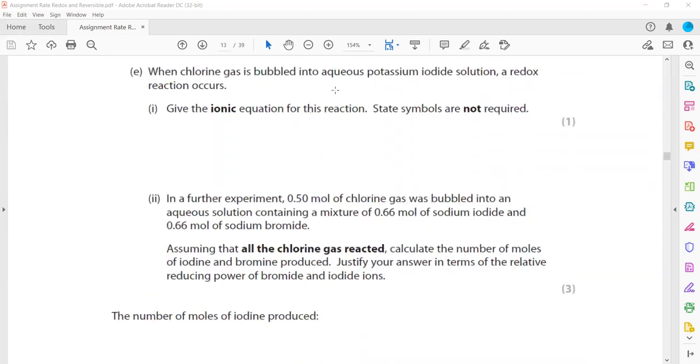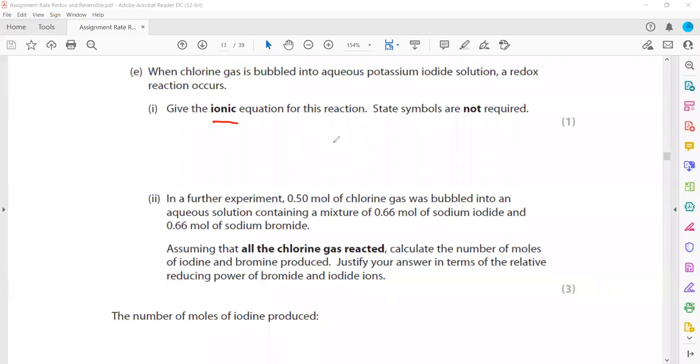The next question: when chlorine is bubbled into aqueous potassium iodide solution, a redox reaction occurs. Write an ionic equation. State symbols are not required. So we want to write an ionic equation, only the changes in ions that occur.